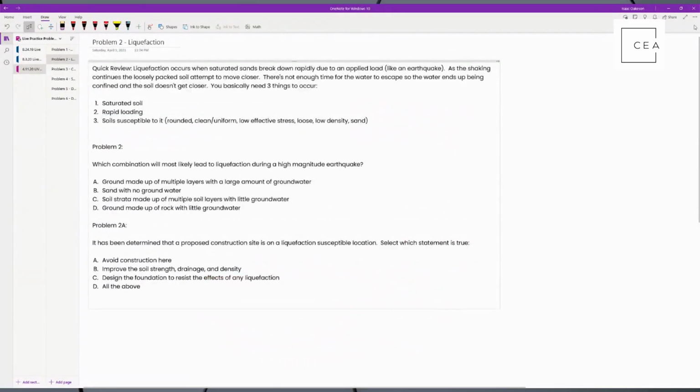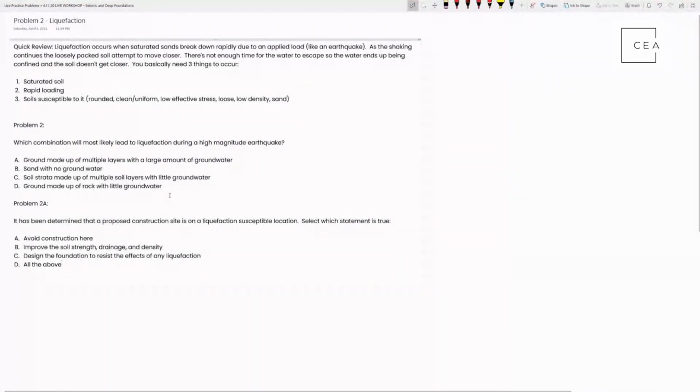All right, let's go to problem 2. Problem 2 we're going to talk about real quickly is liquefaction. A quick review: liquefaction occurs when saturated sands break down rapidly due to an applied load, like an earthquake. As the shaking continues, the loosely packed soil attempts to move closer.